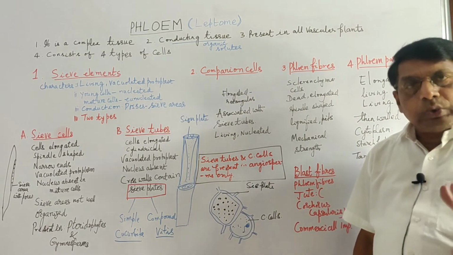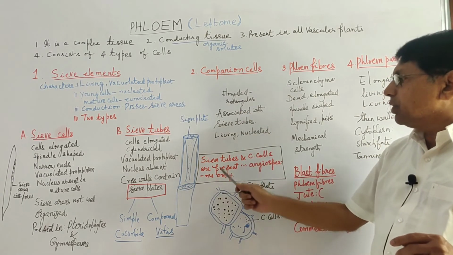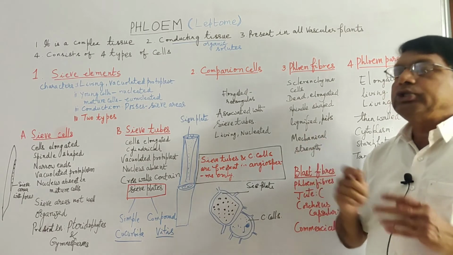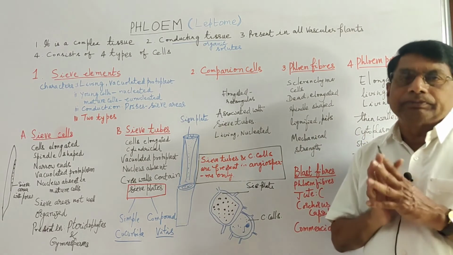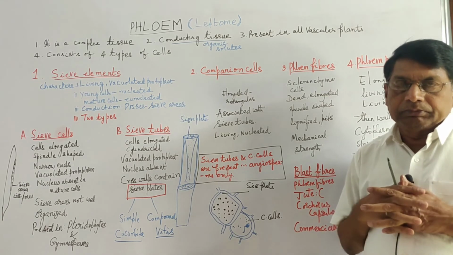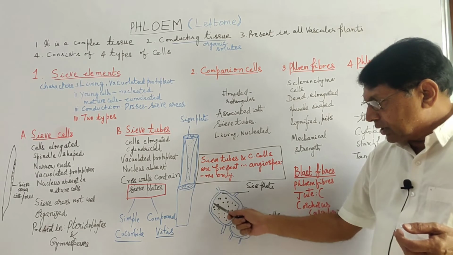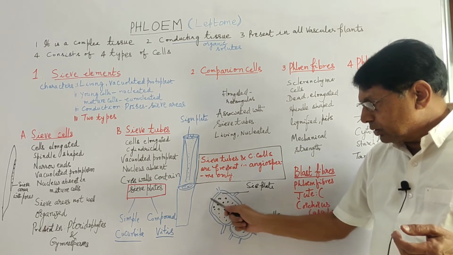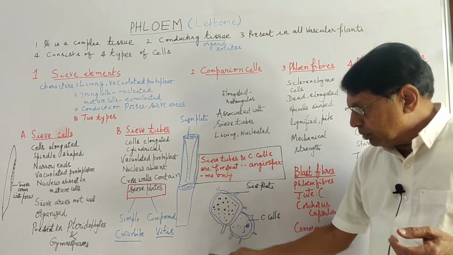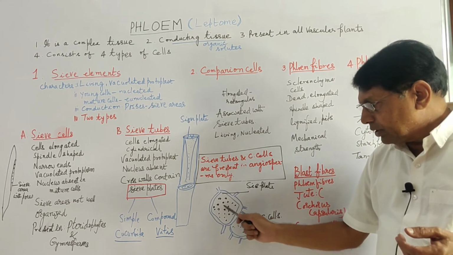So these two, sieve tubes and companion cells, are present in angiosperms only, sometimes found in Gnetum or Ephedra. So this is a cross section. This is a sieve tube, the sieve plate in cross section, a sieve plate with many sieve pores.